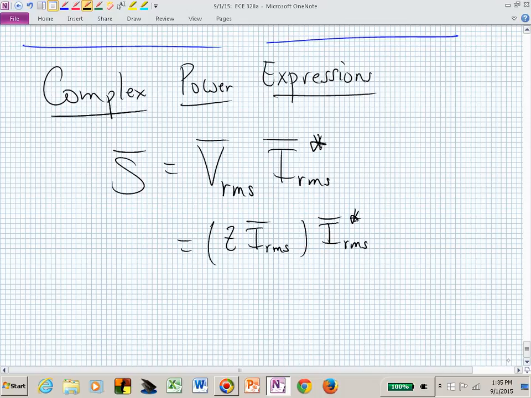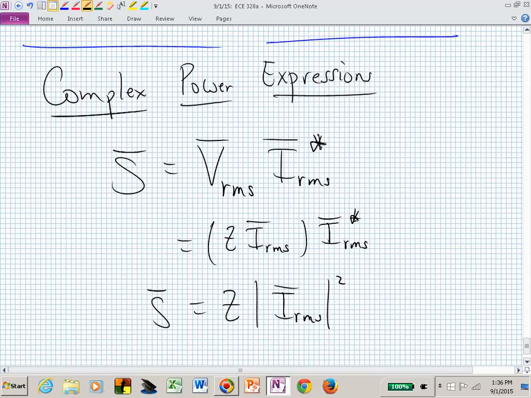And earlier today, we learned that we could collapse a complex number times its conjugate as the magnitude of that complex number squared. Which means that if somebody knows the magnitude of the current flowing through a certain impedance, you don't have to know the angle of that current.